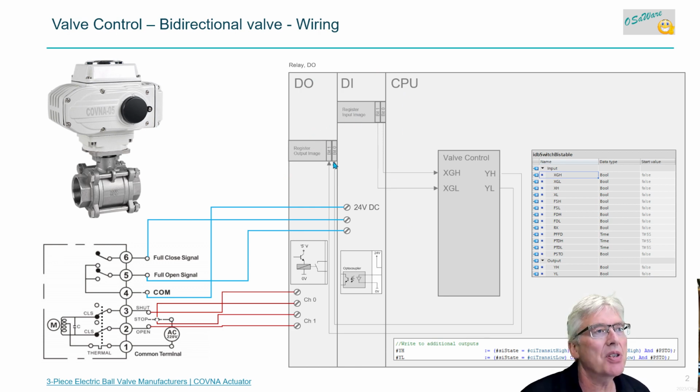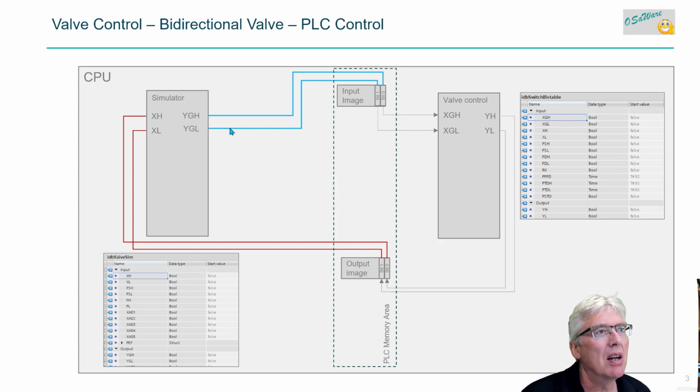That's a part of the CPU itself that we keep. So our simulator reads the outputs and does whatever the valve should do. And here you can put some parameters into this function, the switches. We can set the opening and closing time and so on.